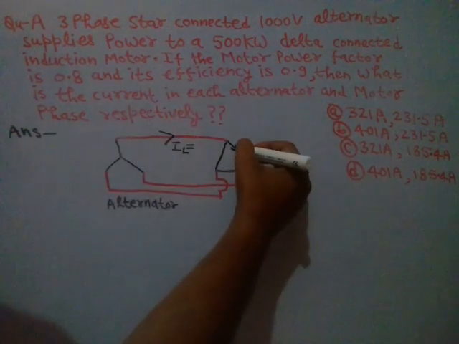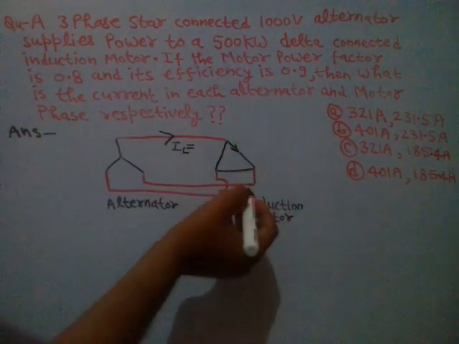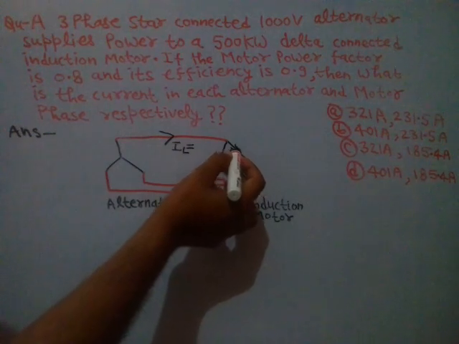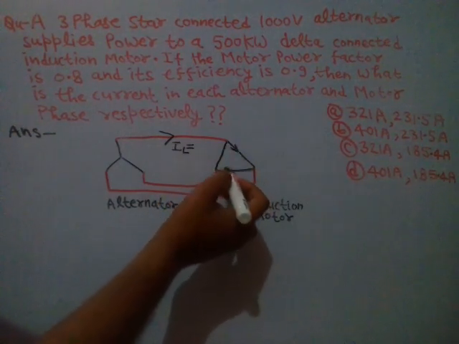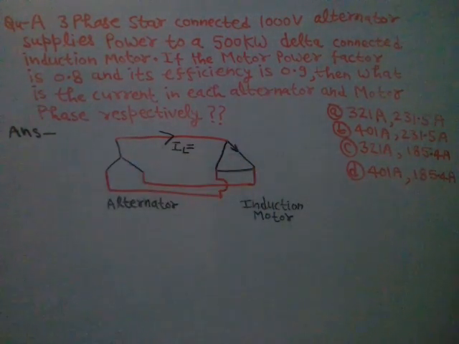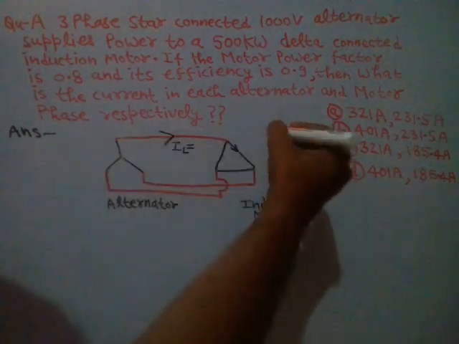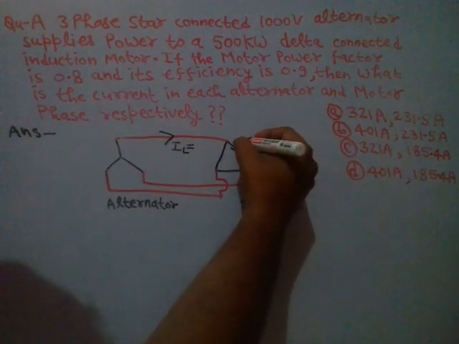So this is the per phase current which is flowing in the delta connected winding of the three-phase induction motor. So this current is basically the phase current.